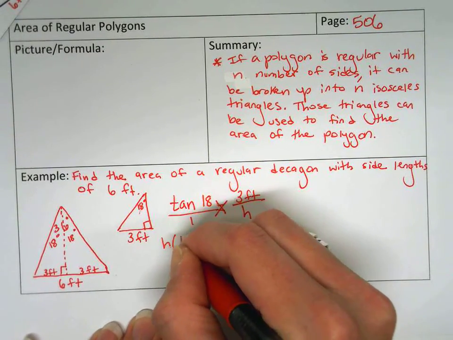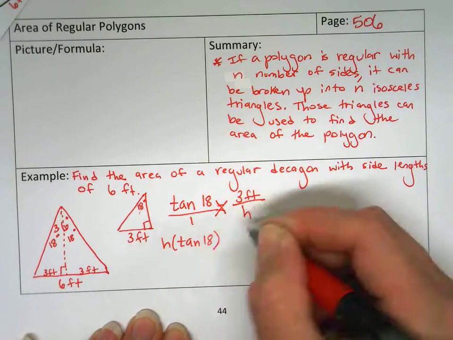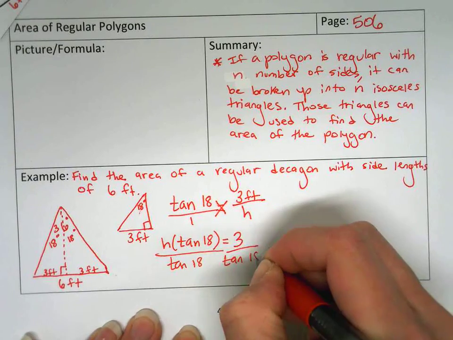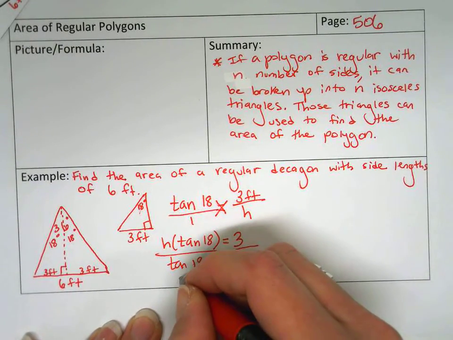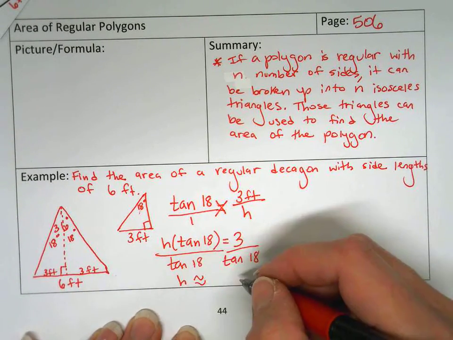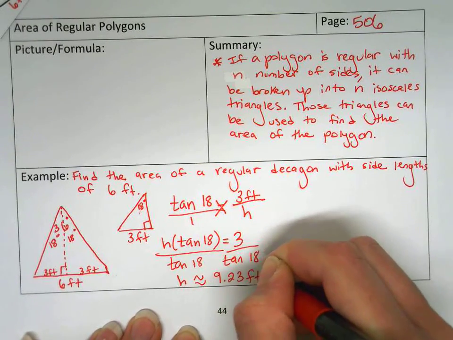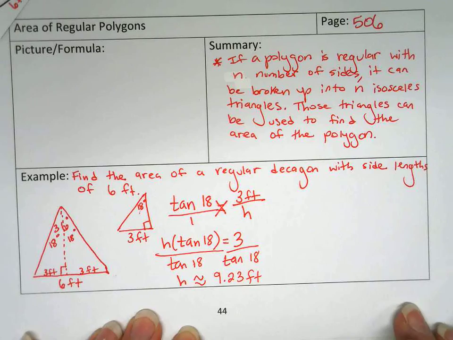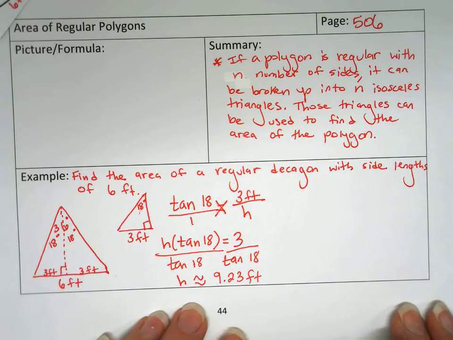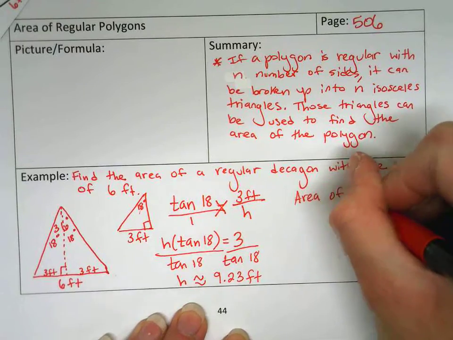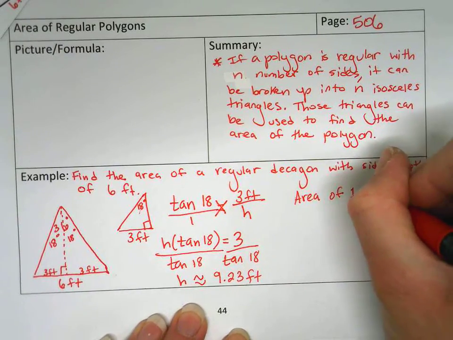So h times the tangent of 18 is equal to 3, divide by the tangent, and we find out that our height is 9.2 feet. So now that we know the height, we can find the area of one triangle.